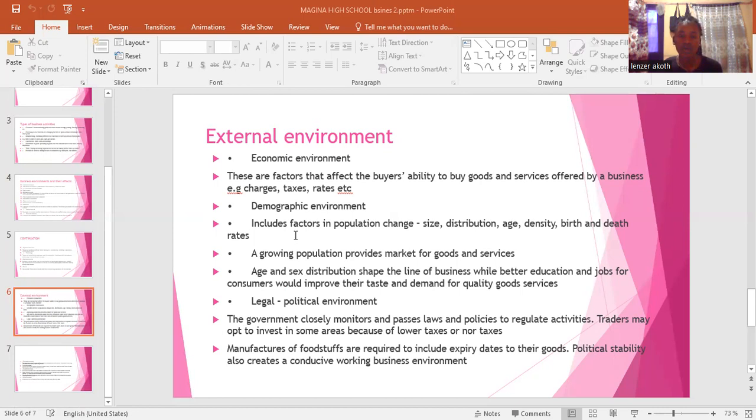When you talk of external environment, you're talking about the outside world, maybe the customers, the competition in the market, maybe the political stability of the country, things of that sort. So when we come to our next class, we will start from there.